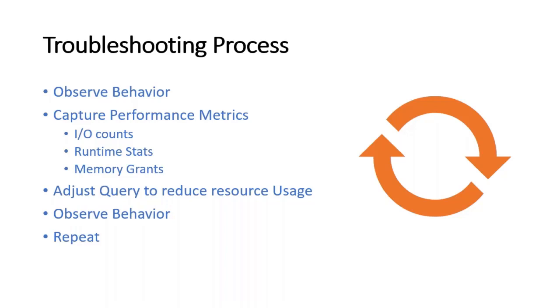If we have certain variations, we can adjust, fix, and start this cycle again. Keep monitoring, keep capturing metrics, and compare with the baseline. This is a repeatable process that is the base of everything.